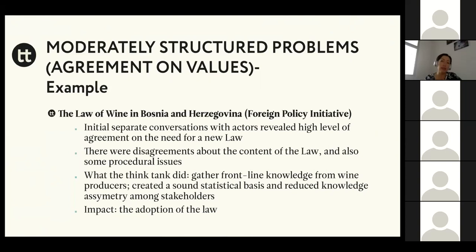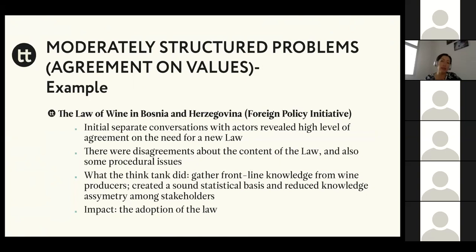So that was the first thing they did. They identified through consultations that there was already this agreement on values. But of course, where there was disagreement was in terms of the content of the law and the procedures that would be included in the law.